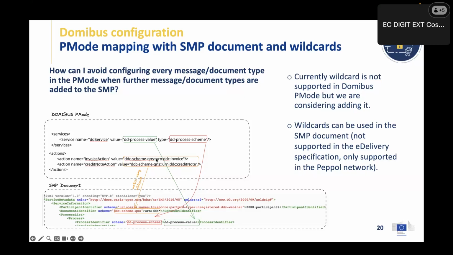You see here we have URN DDC invoice and URN DDC credit note, and here we only have URN DDC wildcard. These values will be matched when C2 sends a message to C3. So there is no need to declare multiple registrations in the SMP. This is not currently supported in our eDelivery specification. This is only supported in the PEPPOL network.